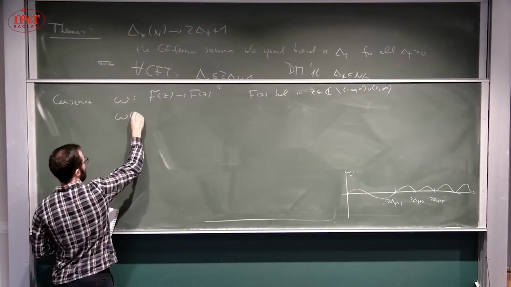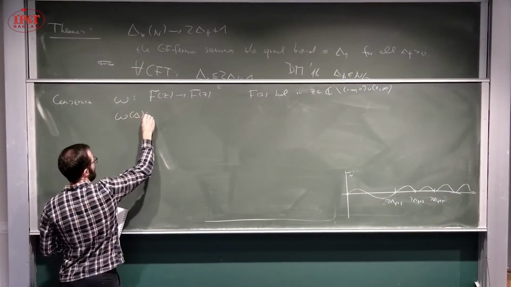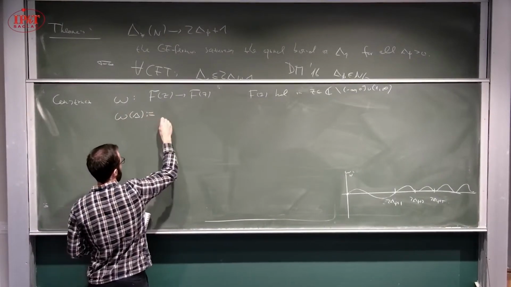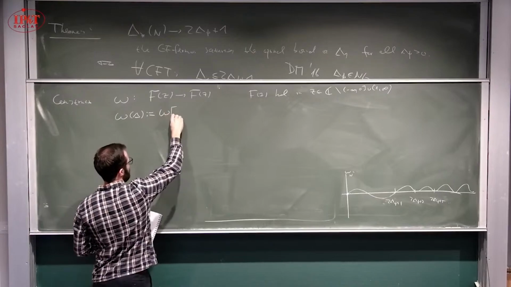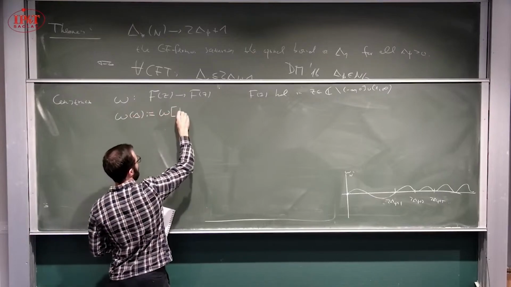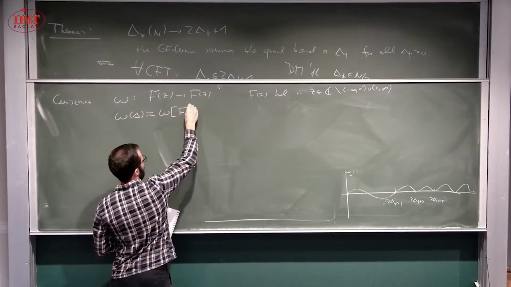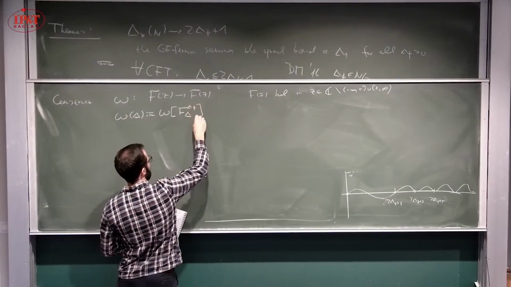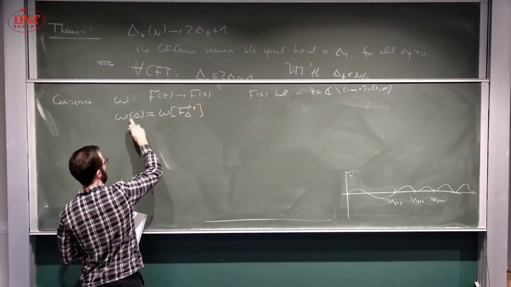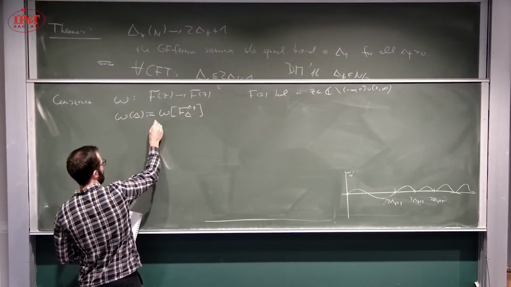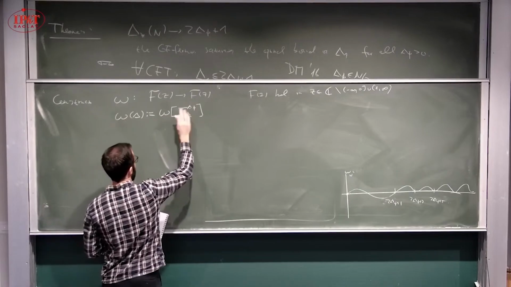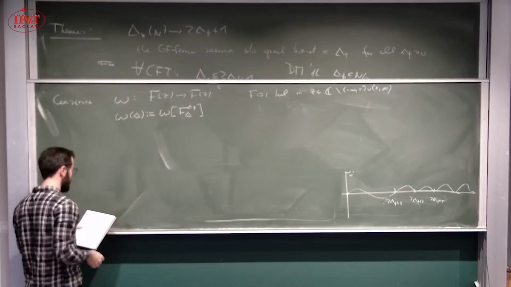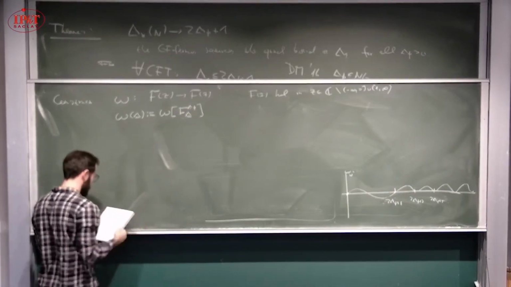Let me denote omega of delta to be the action of the functional on our original vectors. These were some functions of z, so I can apply omega to them, and I get a function of delta, and I'm suppressing the delta phi. So you can just think of omega as a function of delta when it acts on this vector.